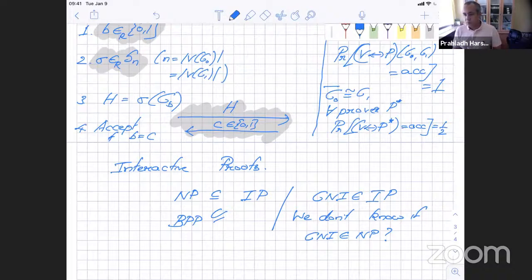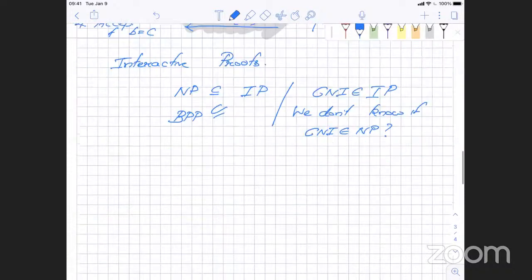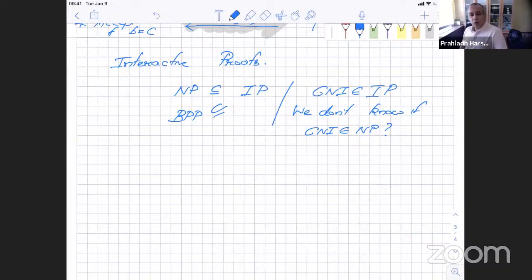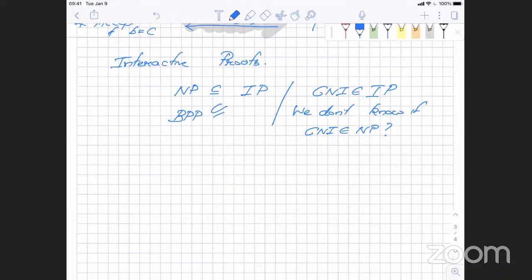If the prover had written a really long transcript where I could probe it, this was pretty easy to do, right? I could have just, for whatever random permutation, go and ask for what edge is not mapped. There are two models.